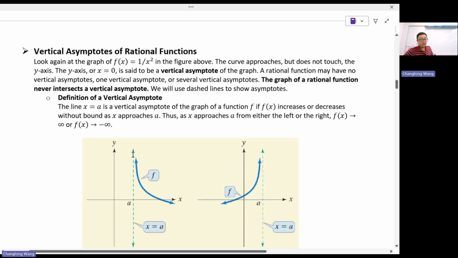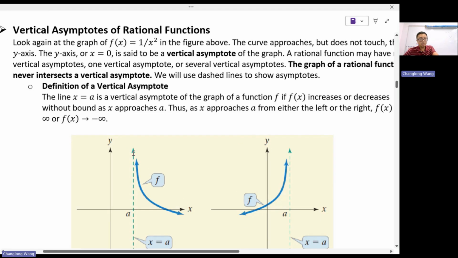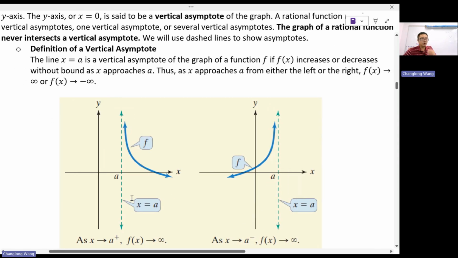Oh, by the way, you have to draw the vertical asymptote using a dashed line, so that people know that this is not part of the graph. The solid line is usually for the graph of a function, but the dashed line here, a vertical line located where the pole is going to be, tells you that the graph will get as close as it can, but it will never cross it.